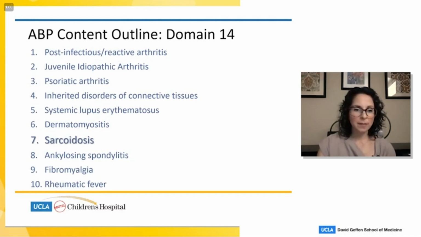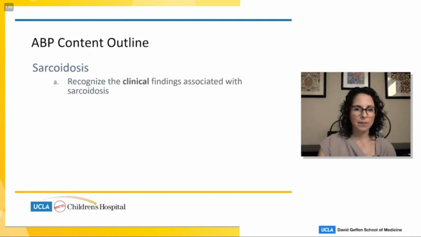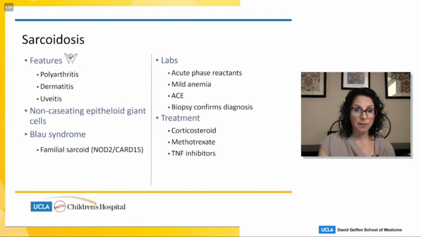Moving on to sarcoidosis. ABP would like you to be familiar with the clinical findings associated with the disease. I like to think of it as a triad: polyarthritis, dermatitis, and always consideration of uveitis, which initially can be asymptomatic.